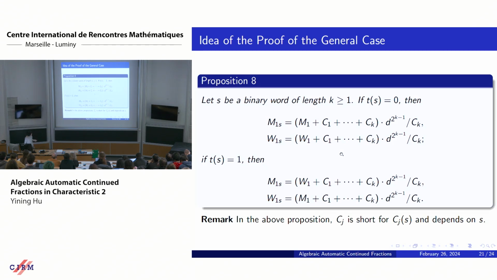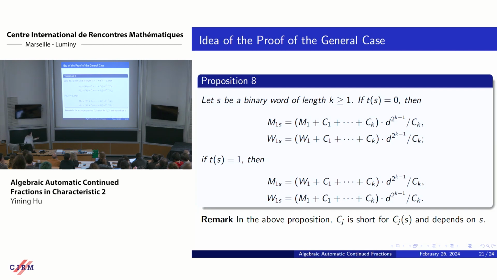And then the key relation in the general case looks like this, where the Cj are coefficients that depend on S. So for every given epsilon, I can take S to be the period of epsilon, and we obtain a relation in this form, and that will be our key relation from which we will deduce algebraicity.